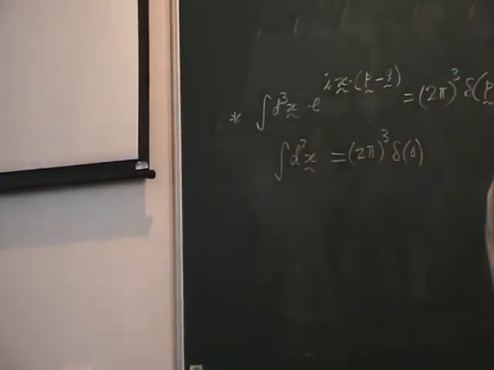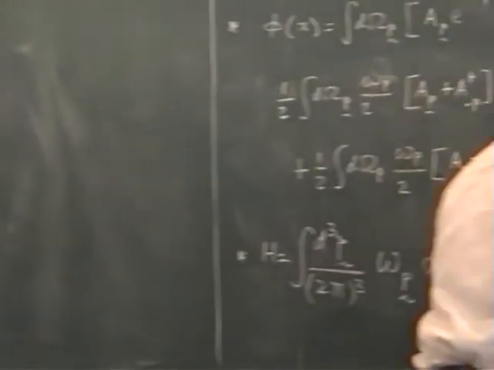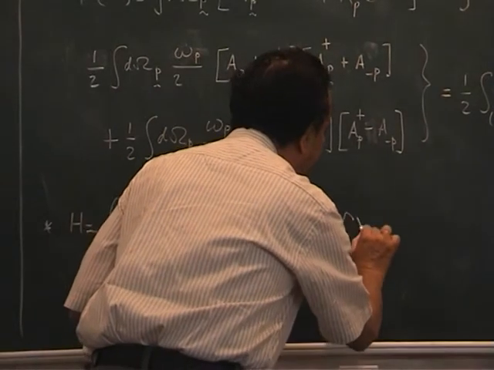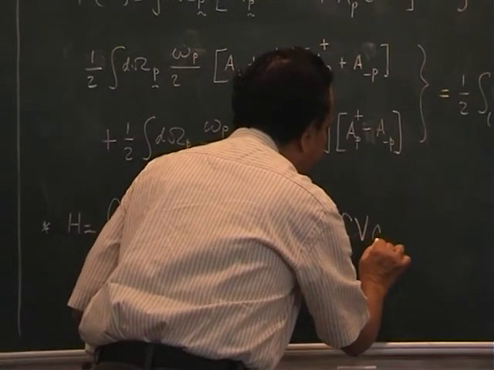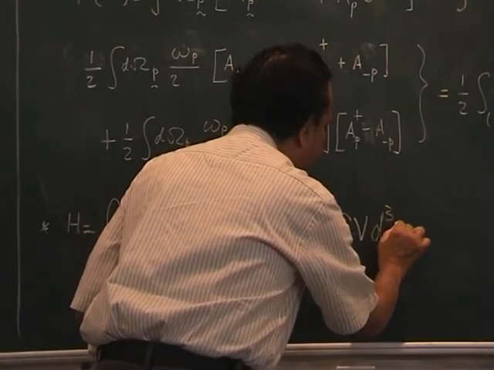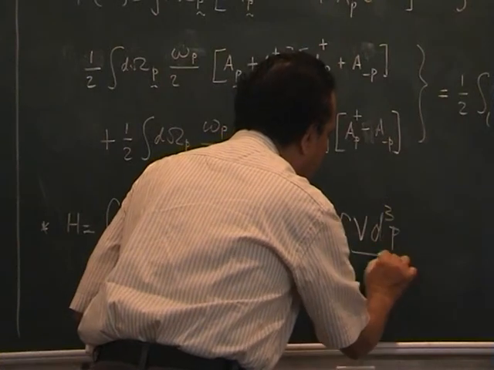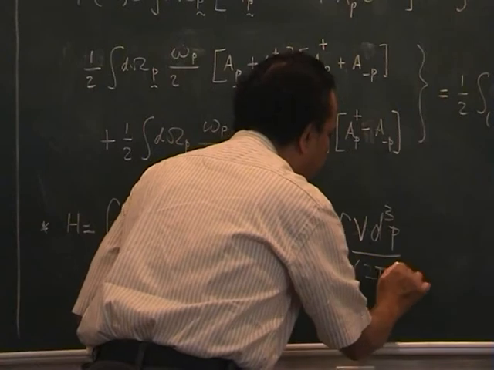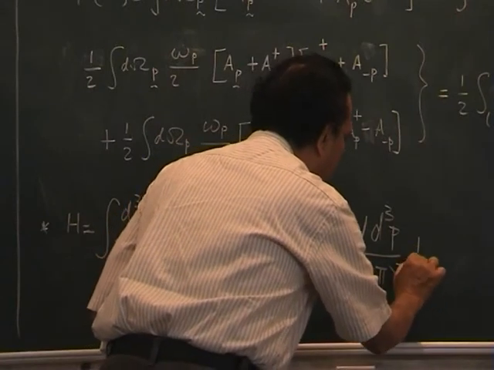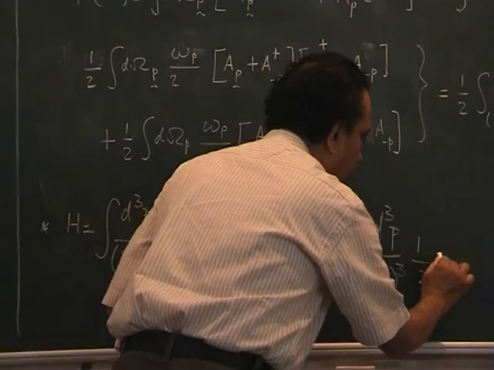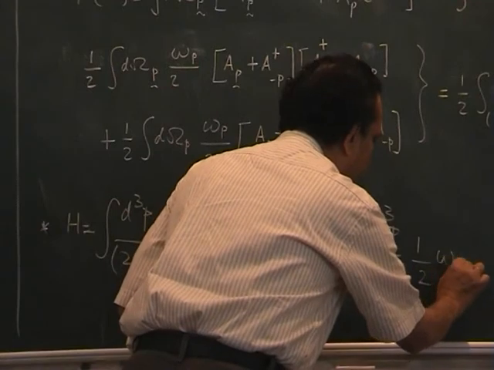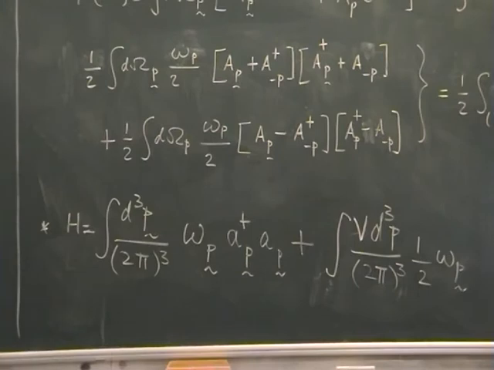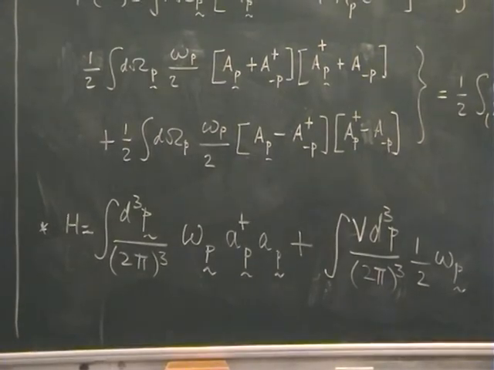So if you do that, this can be written as essentially the phase volume integral V d3p upon 2 pi the whole cube, half omega. So this is the final answer. The basic point is that the final answer blows up.